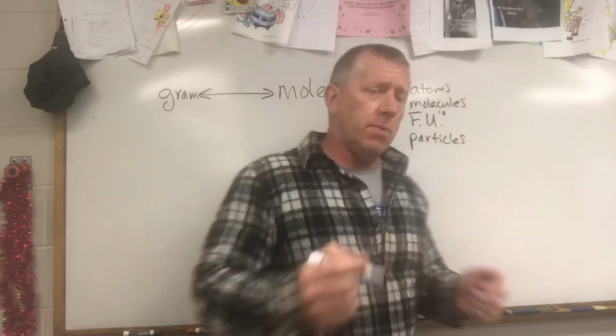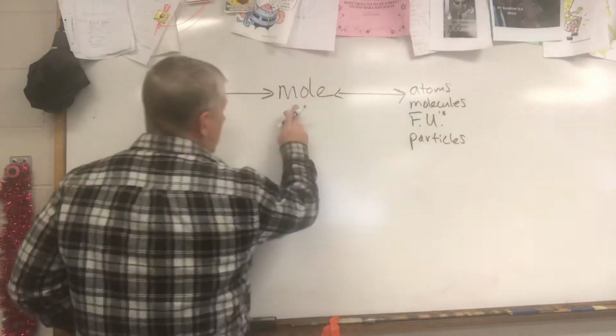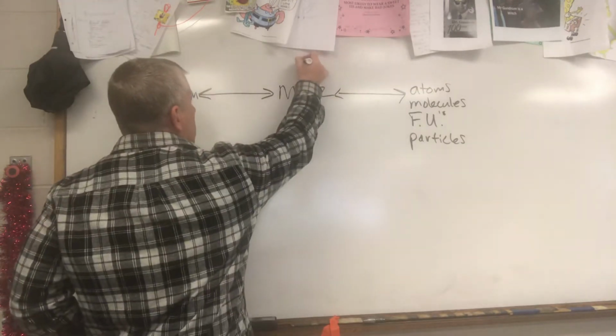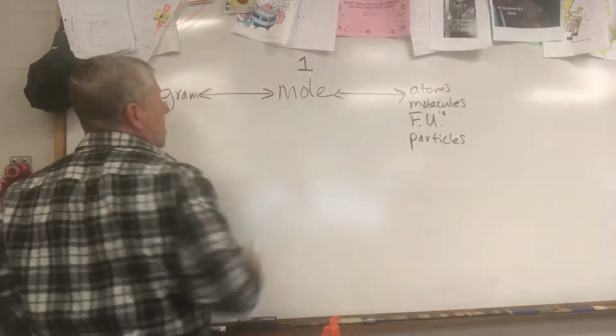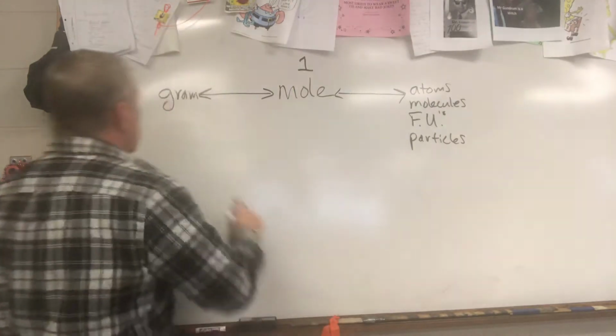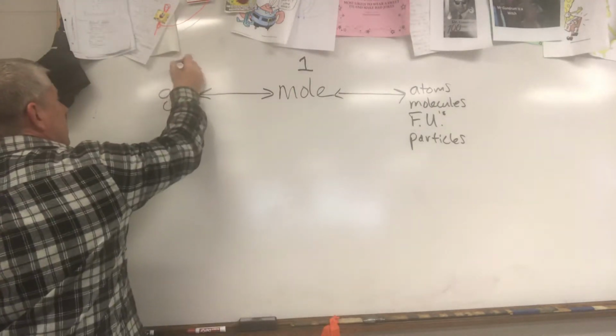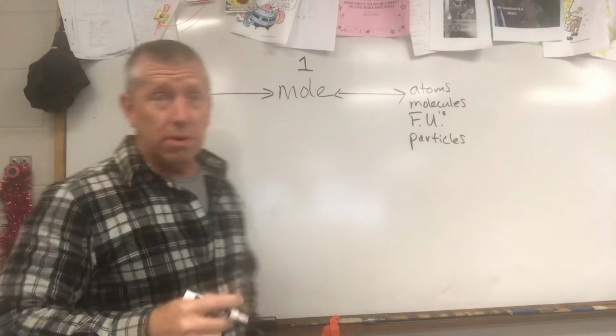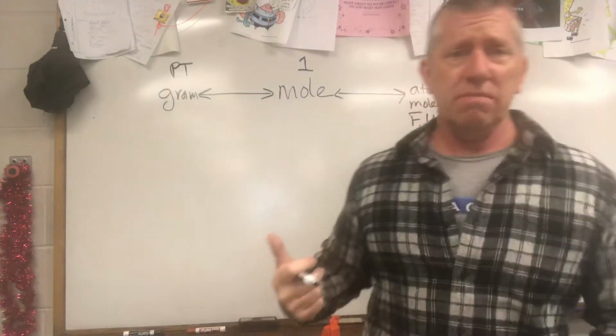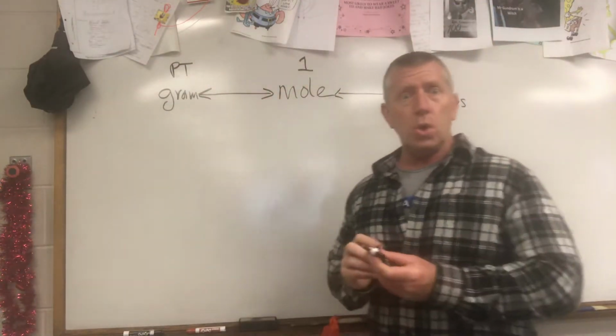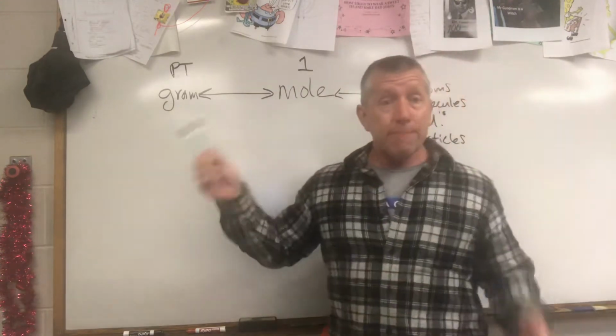So also, I'm going to put some things up here that are important that we need to know. I'm going to put the number 1 above the mole. You'll see why. Grams, I'm going to put PT. PT, brother of ET. Anyone? Yeah, ET, phone home. PT stands for periodic table.